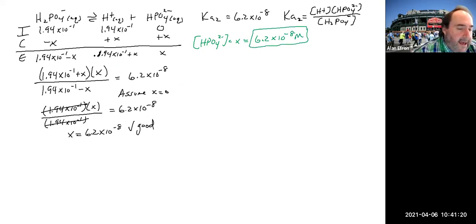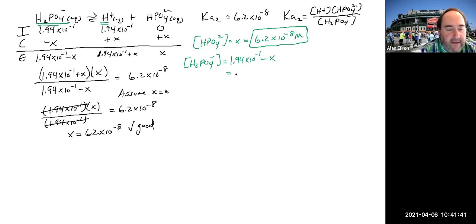Now, what happened with our H plus and our H2PO4 minus? Well, let's take a look at it. H2PO4 minus is going to be 1.94 times 10 to the minus 1 minus X. If you put that into your calculator, 1.94 times 10 to the minus 1 minus 6.2 times 10 to the minus 8, surprisingly enough, you end up with still 1.94 times 10 to the minus 1 molar.